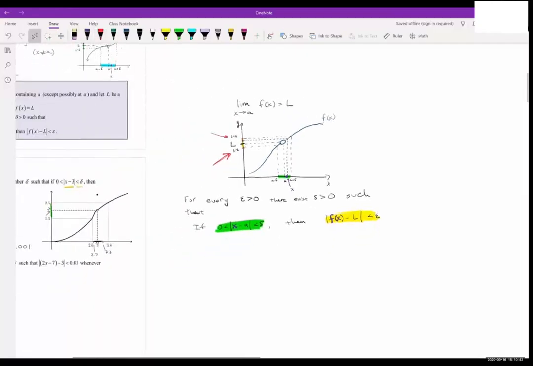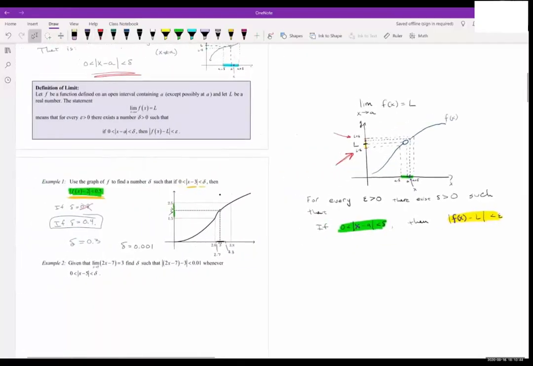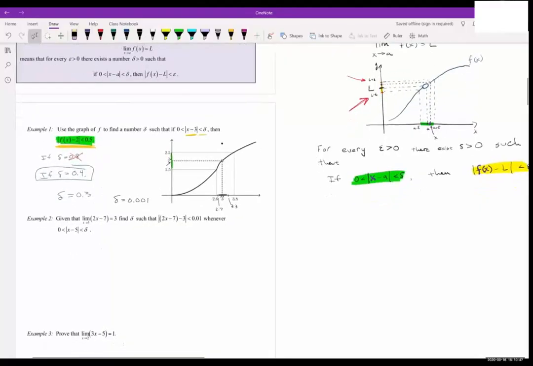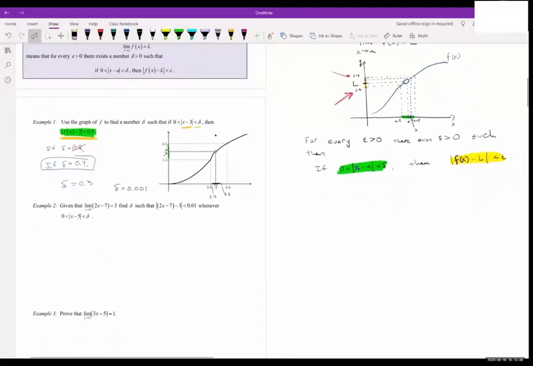Now, that being said, if we look at example 2, what they're saying here is they're telling us the limit right here in blue, and they want us to find delta, which is that little distance along the x-axis above and below A, such that we have this right here.